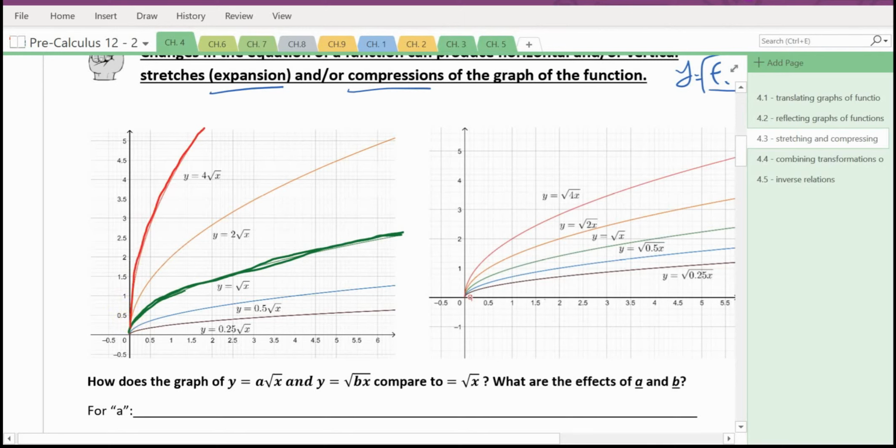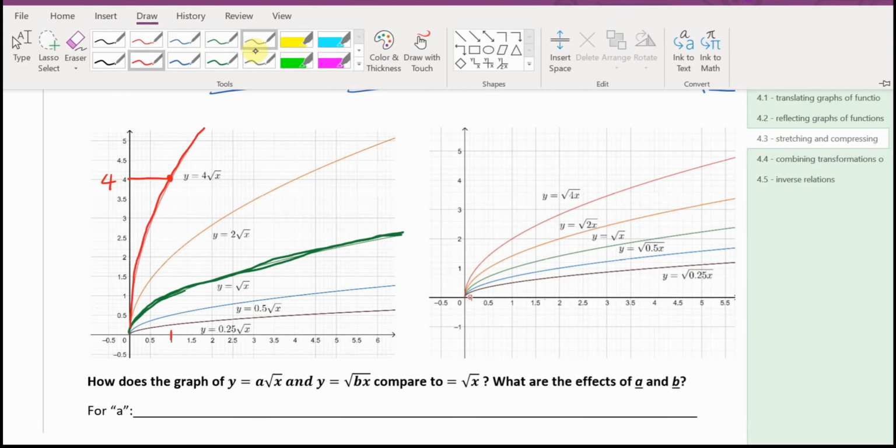When we try to compare something vertically, we have to fix the x value. So we're going to fix the x value at 1. Here is the x value of 1, and the y value when x is 1 is 4 for y equals 4 times root x.